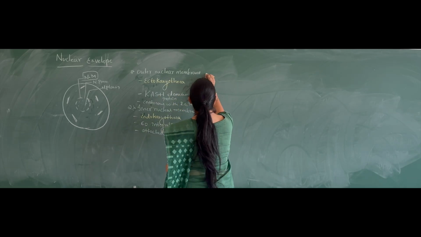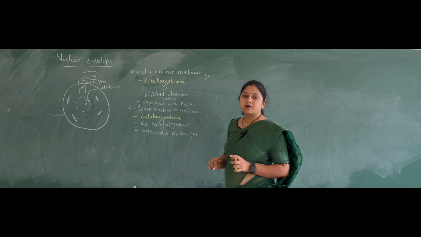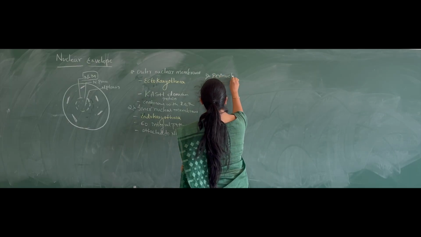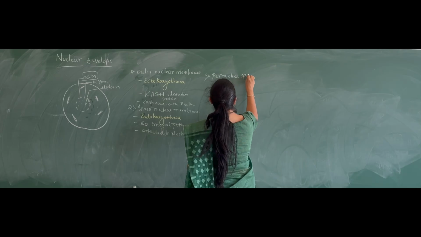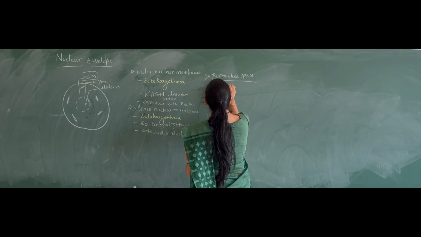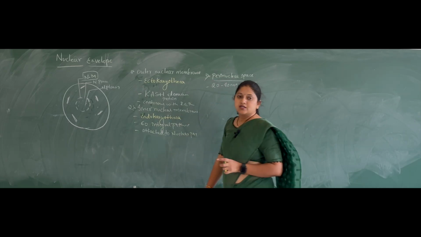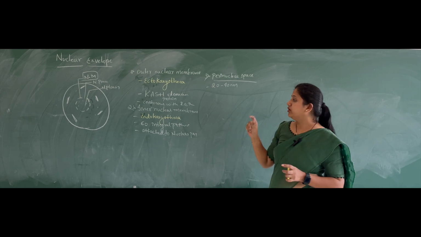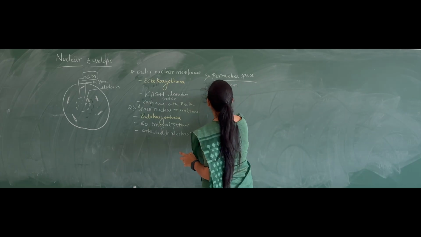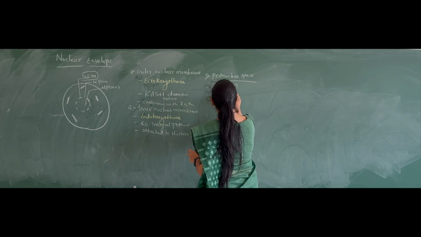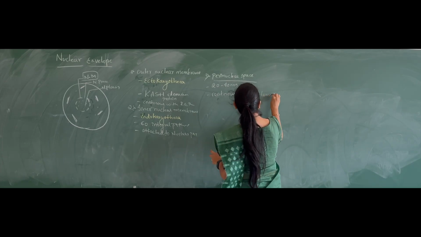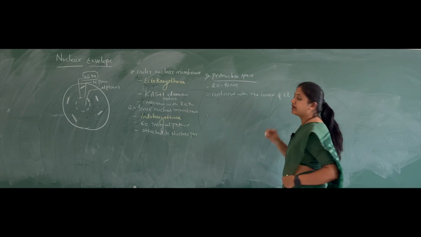And then coming to the third part of the nuclear membrane, it is the perinuclear space. This perinuclear space is around 20 to 40 nanometers, and it is continuous with the lumen of the endoplasmic reticulum.